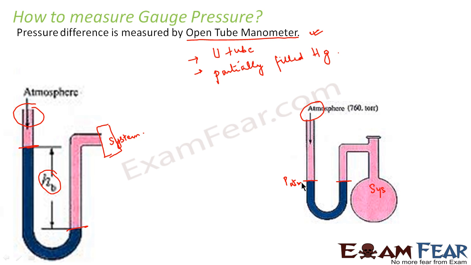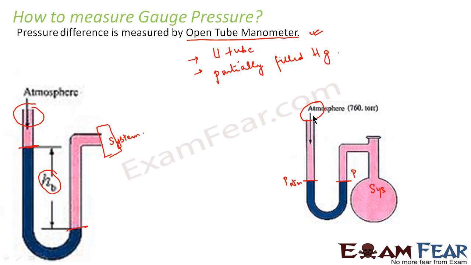So, this is P atmosphere and this is the pressure of this system. That means the atmospheric pressure is equal to the pressure of the system. Therefore, the difference between the atmospheric pressure and the pressure of the system will be equal to 0. Right? So, the gauge pressure in this case is equal to 0 because there is no difference between atmospheric pressure and the pressure of the system.